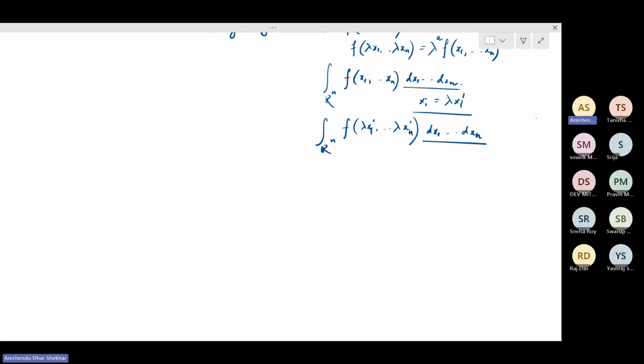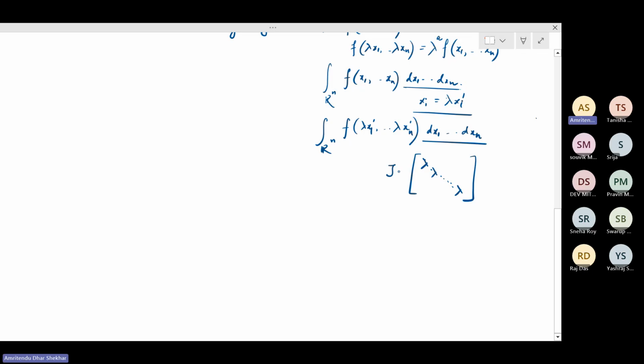So the way you actually do it is that you have to look at the Jacobian of this transformation. Why? It's a diagonal matrix which has lambda in its diagonal entries. Okay. So this is the Jacobian matrix for this transformation.